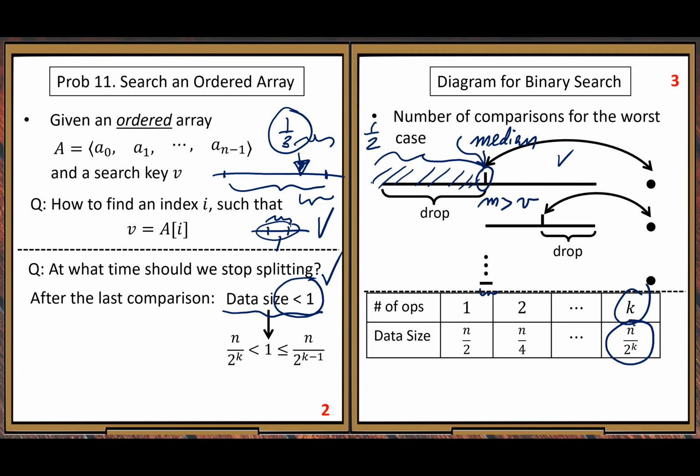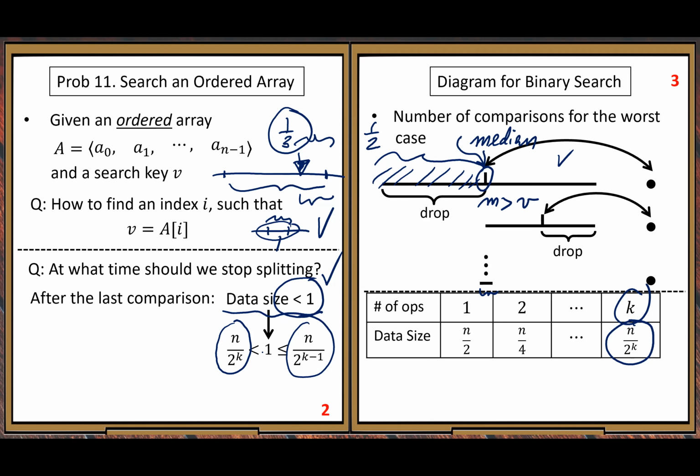So let us write this condition precisely in this way. That means after K comparisons, the size should be strictly less than 1, but after we do K minus 1 comparisons, the size should be greater or equal to 1.